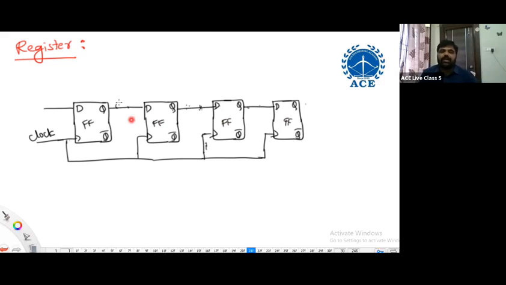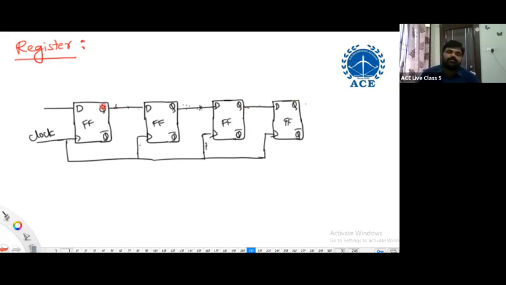Try to understand correctly. In this, what is happening? We are making connections such that it is shifting right 1 bit data at every clock cycle. When clock edge is occurring, input for this flip-flop is output of this flip-flop. So whatever is there on D is propagated to Q. That means whatever was available here will be shifted to this, and will be shifted to this.